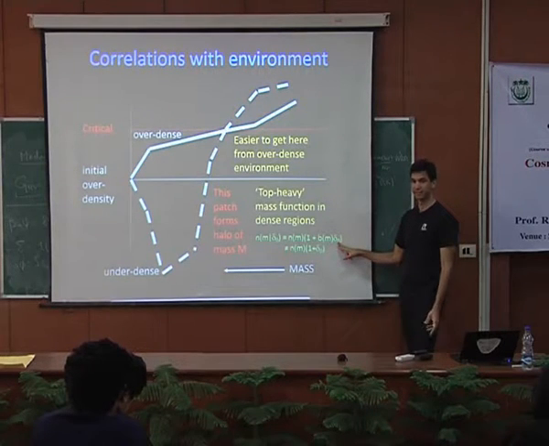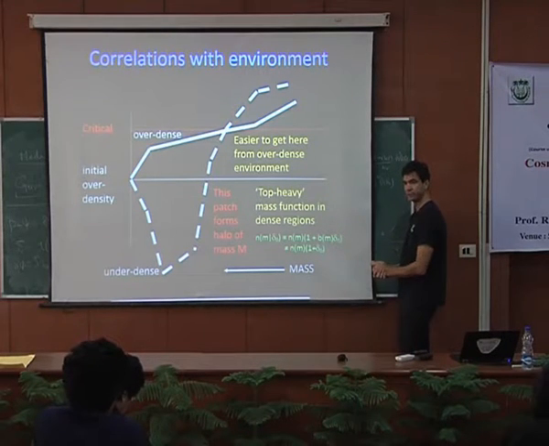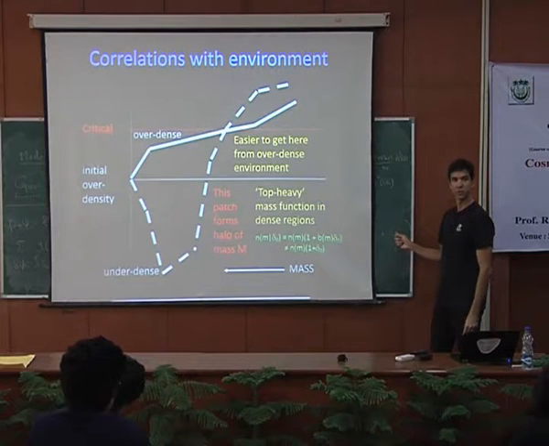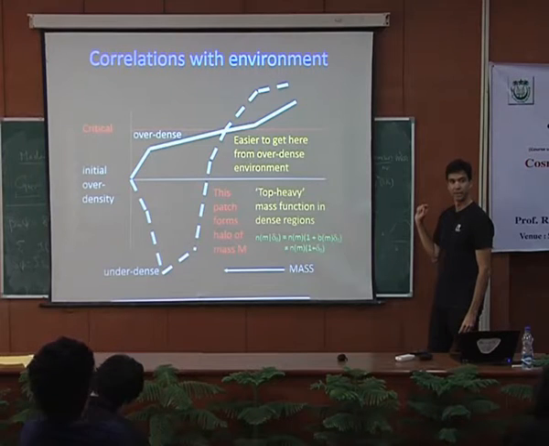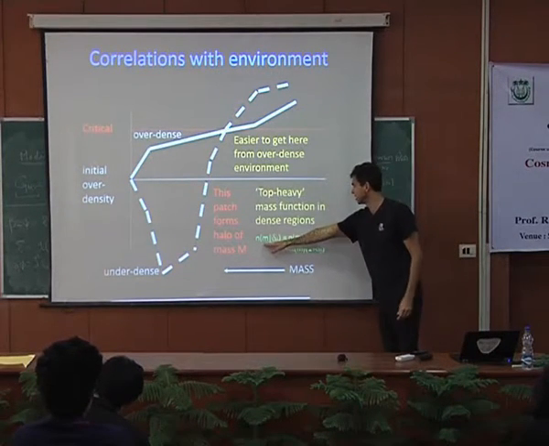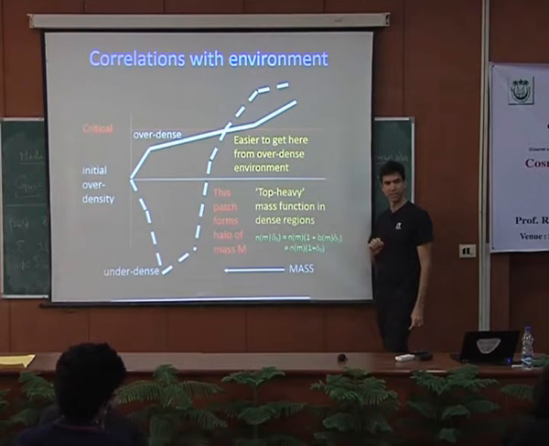This is the linear bias factor because it's the term that is linear in delta 0. There will be a term which is delta 0 squared, delta 0 cubed, which is called quadratic bias and so on. Okay? So you will get the description of how this conditional function differs from the universal one because of the environment.